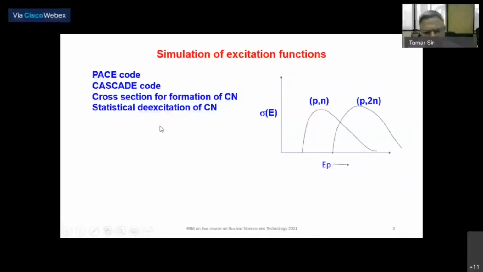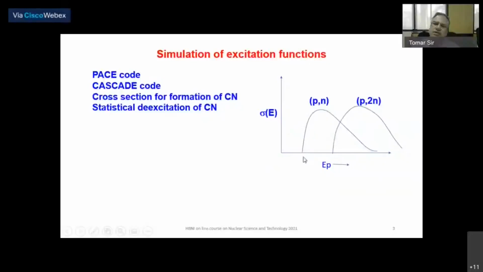Now, just to give you an idea, many a time you don't have to do a detailed experiment to find out at what beam energy you should use the irradiation. Theoretically, you can generate the excitation function. Excitation function means cross section versus energy of the projectile.